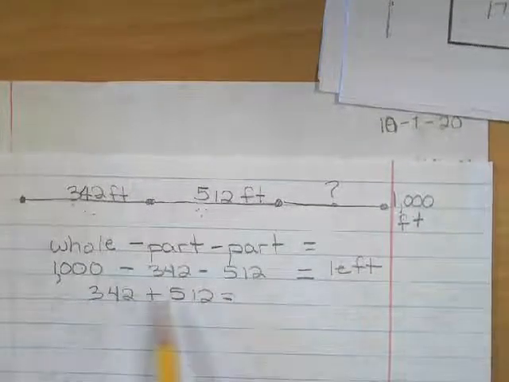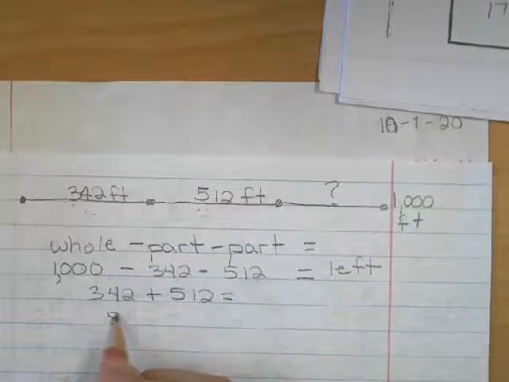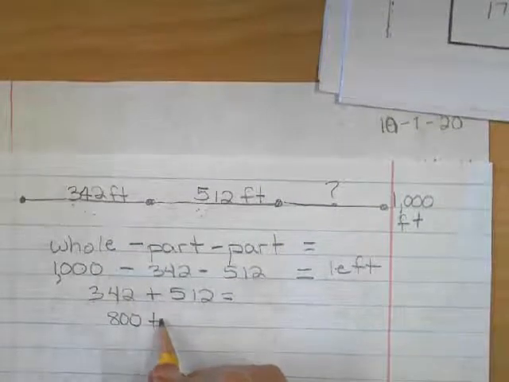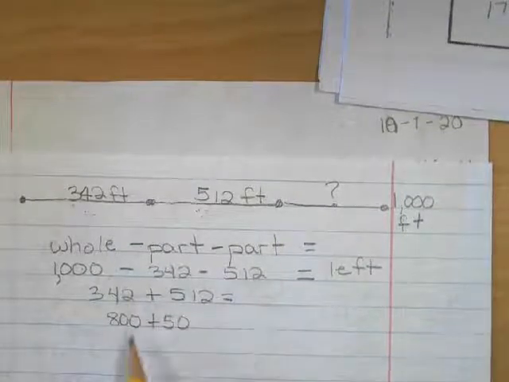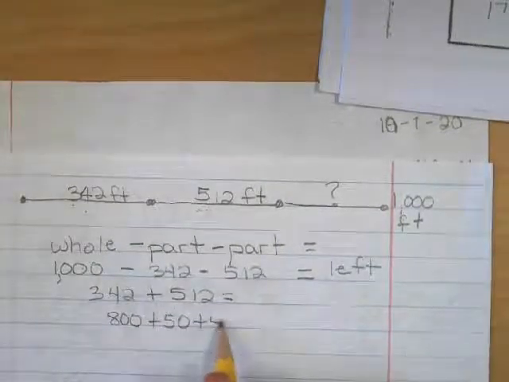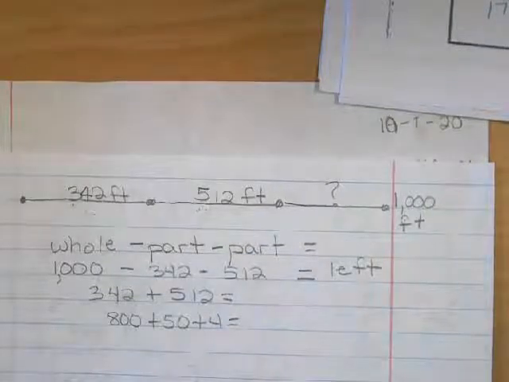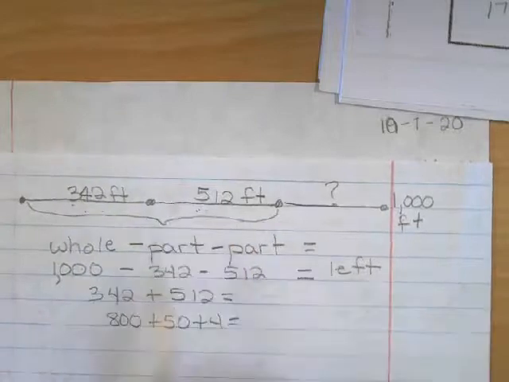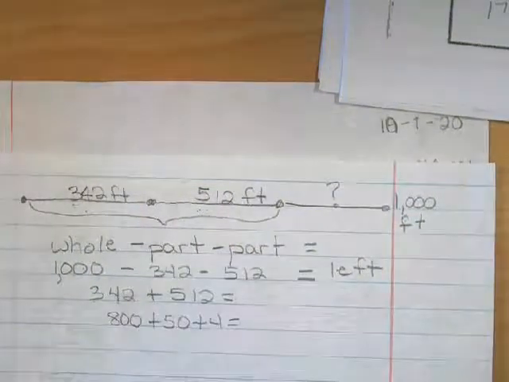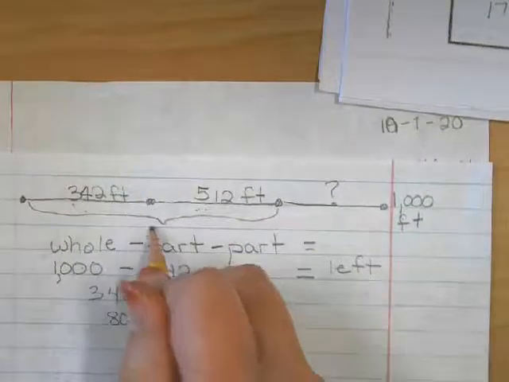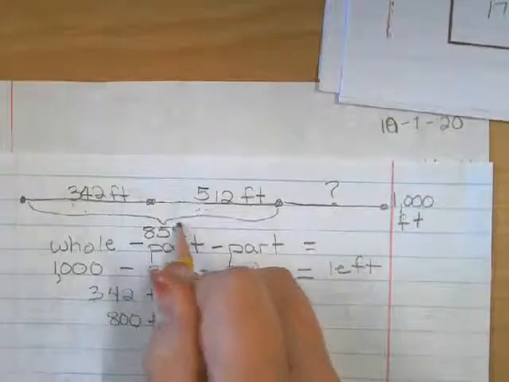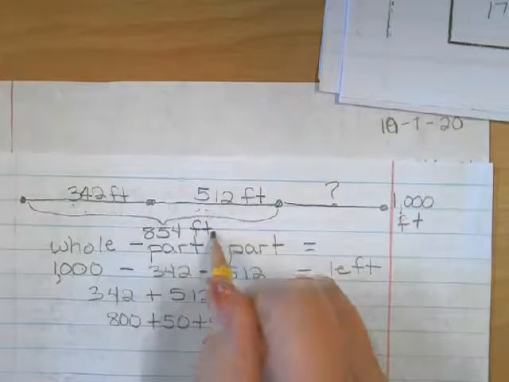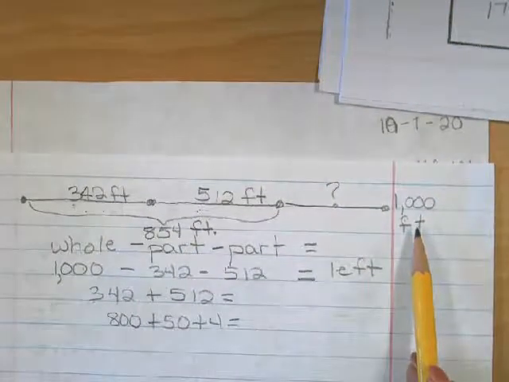So 500 plus 300 is 800. 40 plus 10 is 50. And 2 plus 2 is 4. So far, from here to there, she has traveled 854 feet, which is not 1,000.